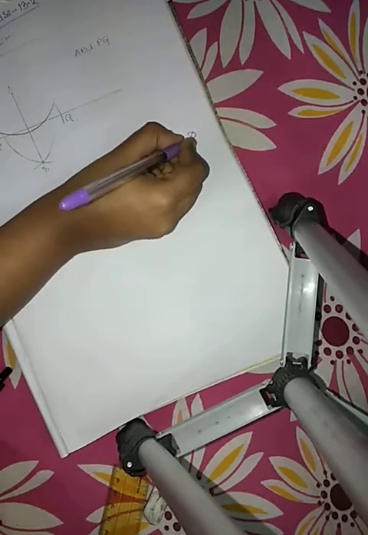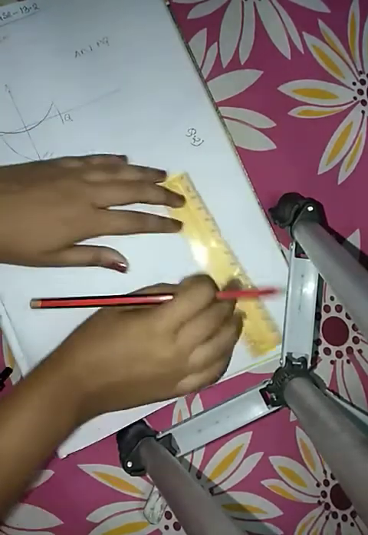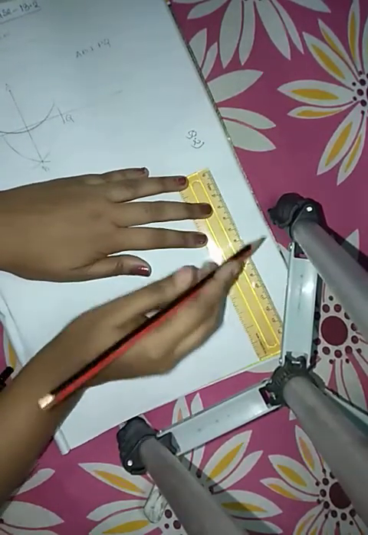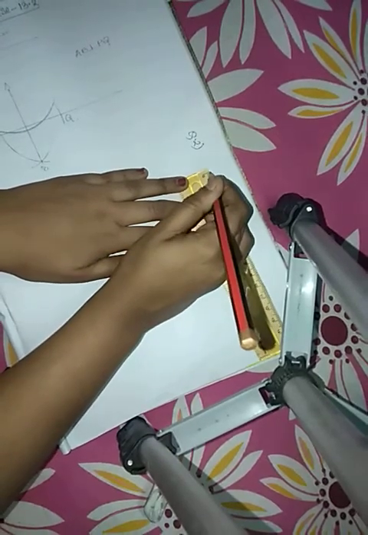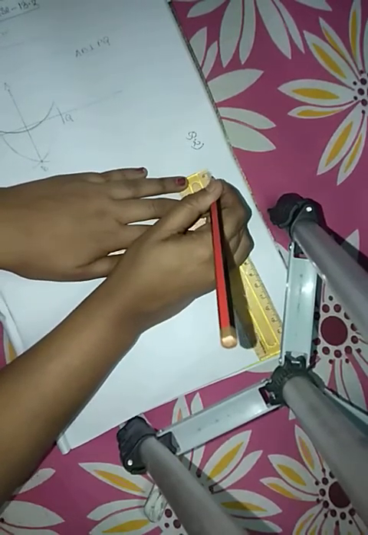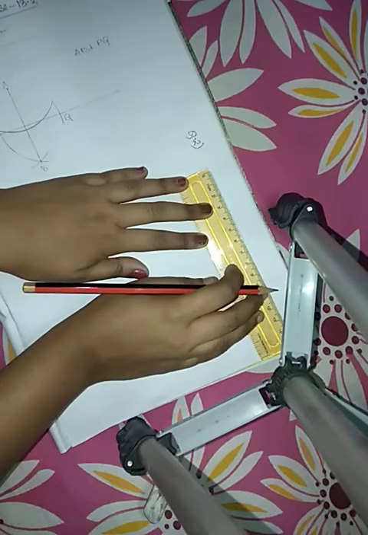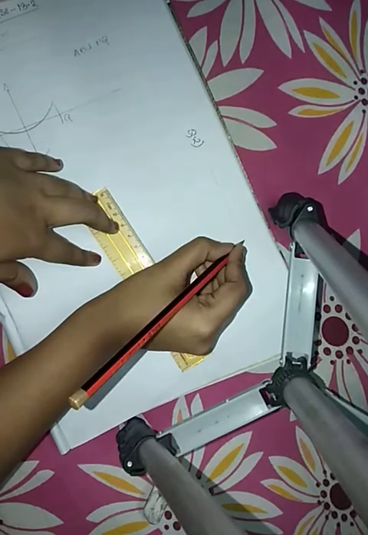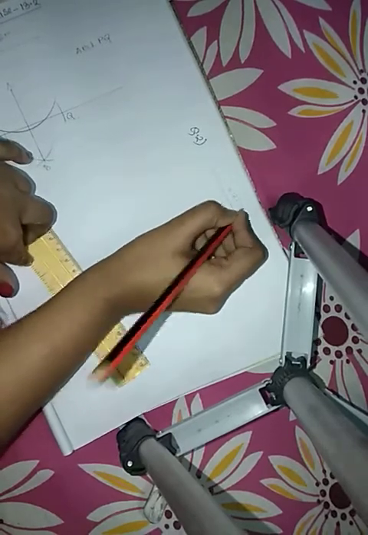So first we have to draw a line AB of 6.2 centimeter. So we will draw here a 6.2 centimeter line. So this is 6.2 centimeter.